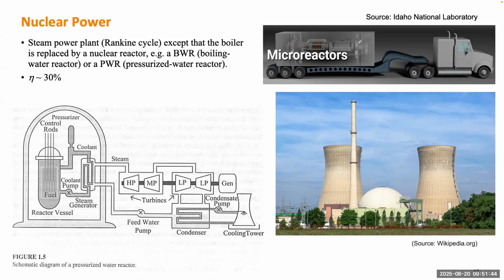One type is called a micro reactor, which can fit into a trailer, so you can easily move it from one area to another to fit into a small building. So it has fewer security and reliability concerns. If you have more interest, you can go to the Idaho National Laboratory website. They have more information on that. I'm considering making this micro reactor one topic of your course project, if you have interest.